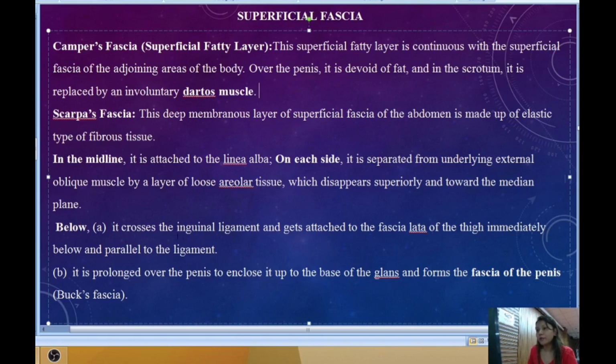Below, it crosses the inguinal ligament and gets attached to fascia lata, and it is prolonged over the penis to enclose it up to the base of the glans to form the fascia of the penis, Buck's fascia. So Camper's fascia becomes dartos muscle in the penis, and Scarpa's fascia becomes Buck's fascia in the penis. Okay, fascia of the penis. So these two are the replacements which you have to know.